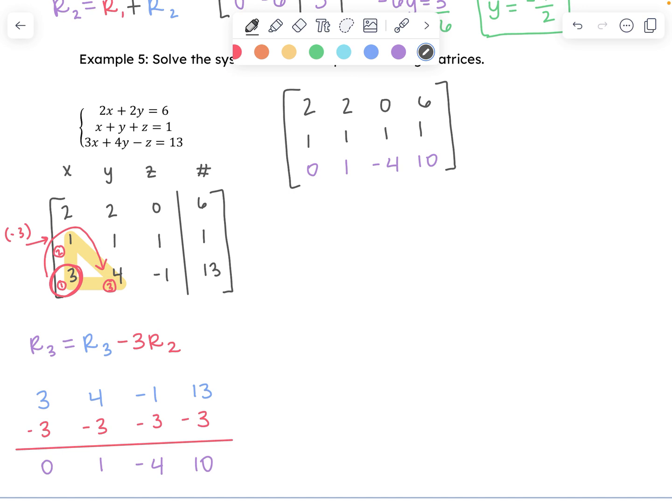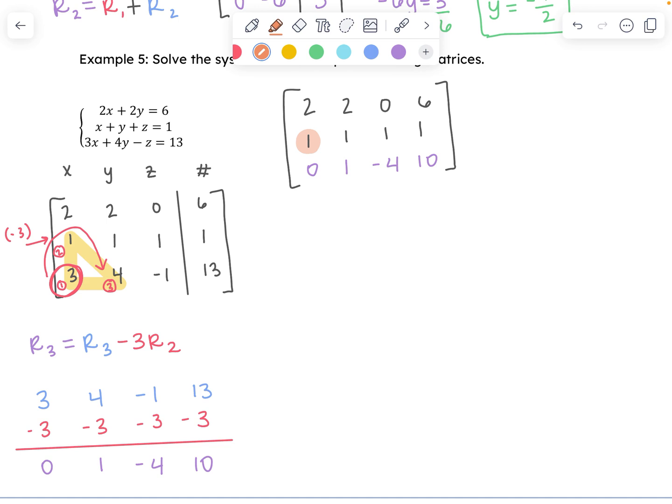Okay, the next one that I would look at is this one right here. So going right above where that 0 is, I want to try and fix that one. The 0 is not really going to help me. So now I'm going to look at how can I combine row 2 and row 1.